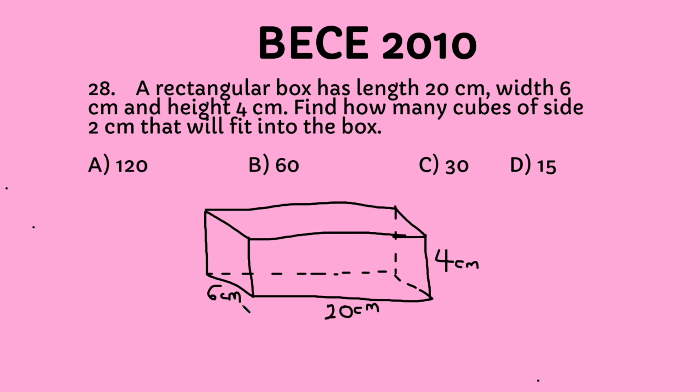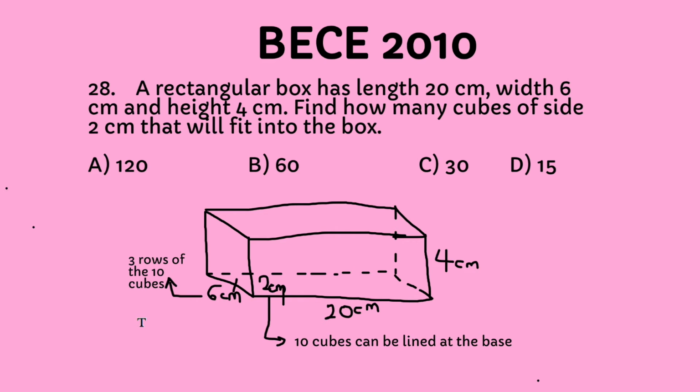Looking at the bottom, each 2 centimeter cube can be lined 10 times along the 20 centimeter length. So we can line 10 cubes at the bottom of the rectangle. But to fill the bottom, we have 3 rows of the 10 cubes.